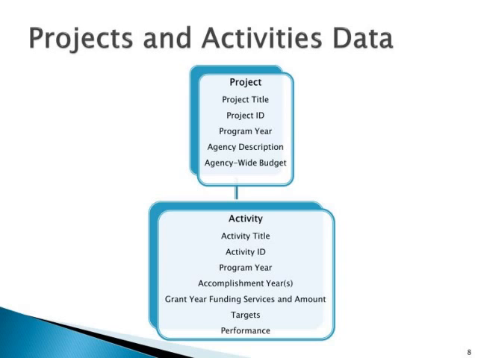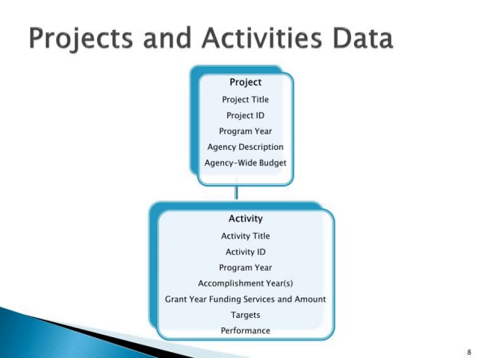Projects are identified and stored in this system specifically by their project title, the project ID number, which is generated automatically by IDIS when you set up a project, and the single program year you choose for all of your projects and activities. As a reminder, for each project you set up, you will need to keep a record of the project title, project ID, and program year.